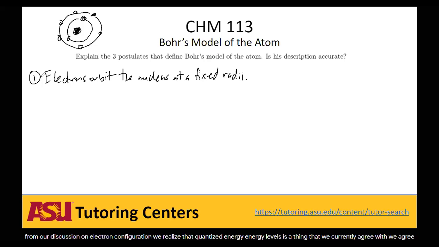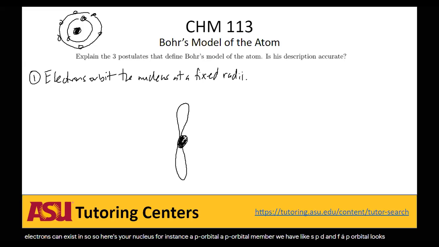However, to our current understanding, we don't believe electrons orbit the nucleus at a fixed radius. Instead, we have these regions, these orbitals, which we've talked about before, where electrons can exist. If here's your nucleus, for instance, a p orbital, remember we had s, p, d, and f, looks something like this.